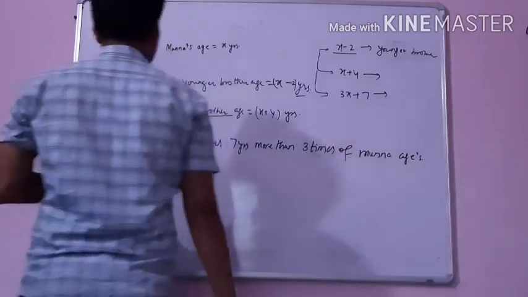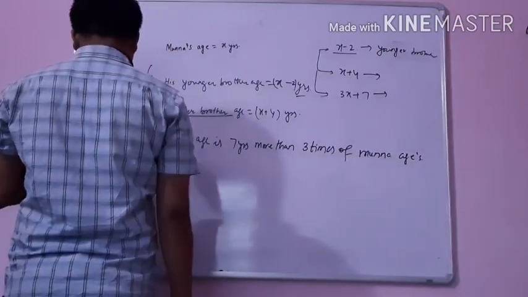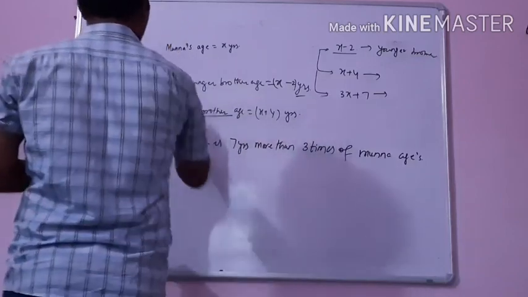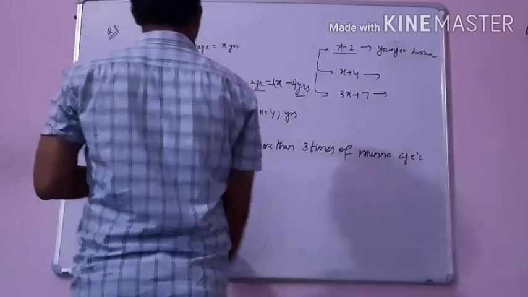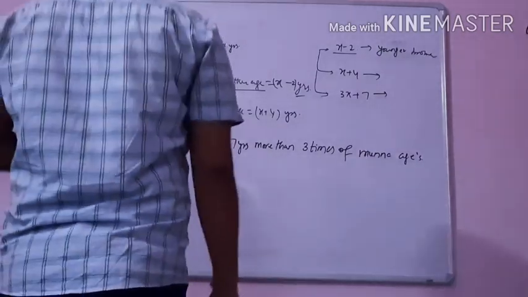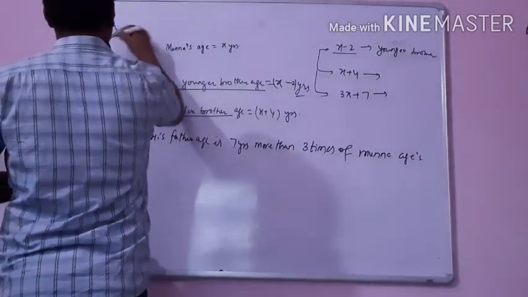His elder brother is 4 years older than him, and the younger brother is 2 years less than Munna's age. So I have done question number 3a.